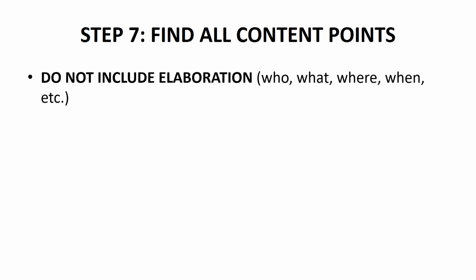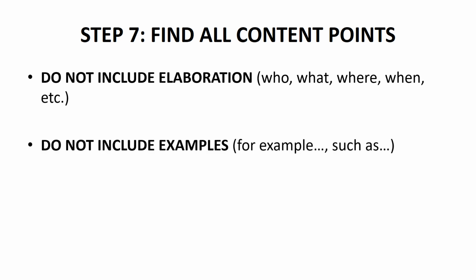When you are looking for the content points, do not include elaboration. How would you know if it's an elaboration? Elaboration is huraian. If you see the word who and then it talks about what, where, di mana, when, basically not answering the question, it's just explanation. Then that one you don't underline.